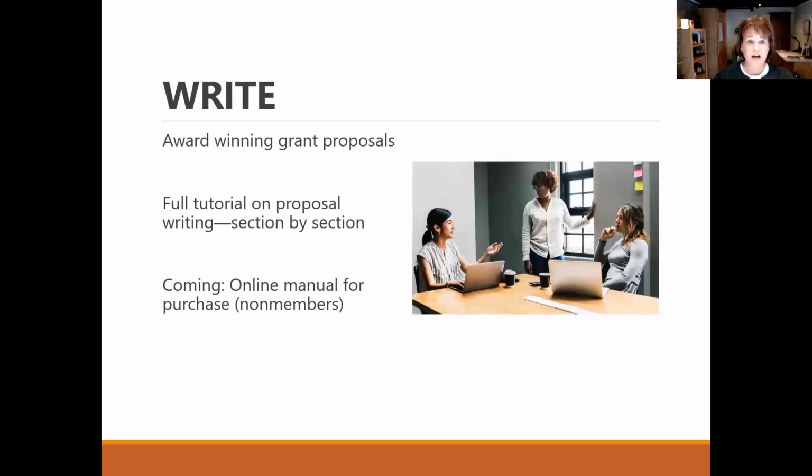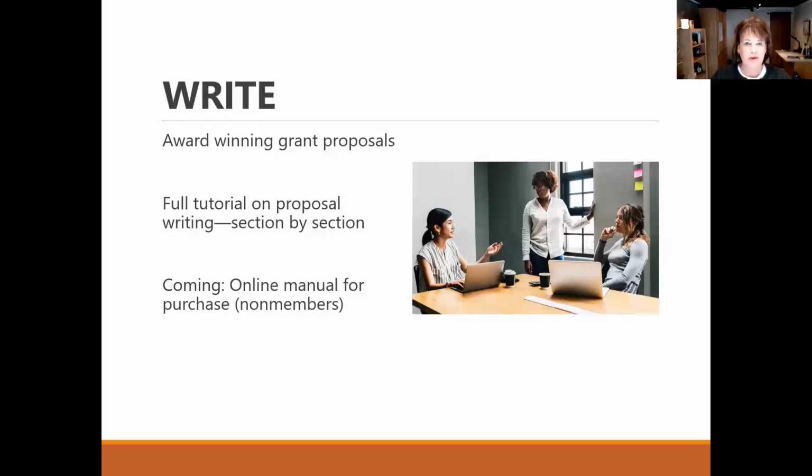The third section that I'll talk about is our Write section. In it, every other year, we do an award-winning grant proposal competition, and then we post those winning grant proposals on our website. One of the things that I've always done as a writer, and I encourage as a teacher of grant writing, is to read successful proposals.